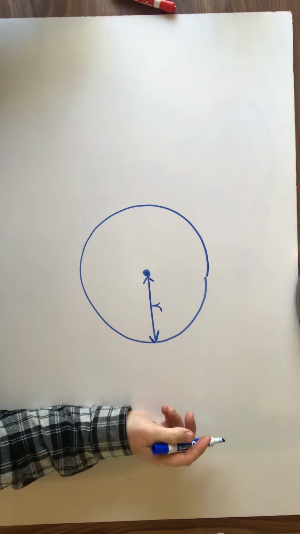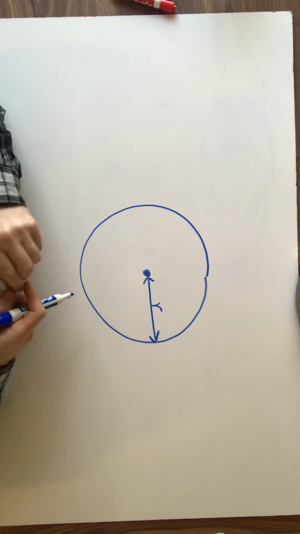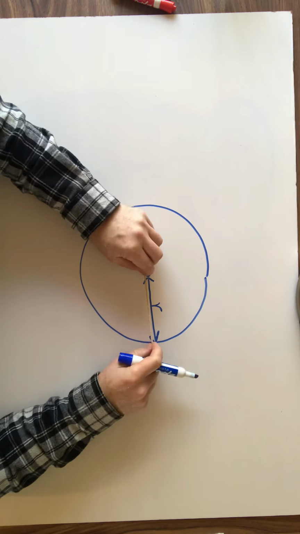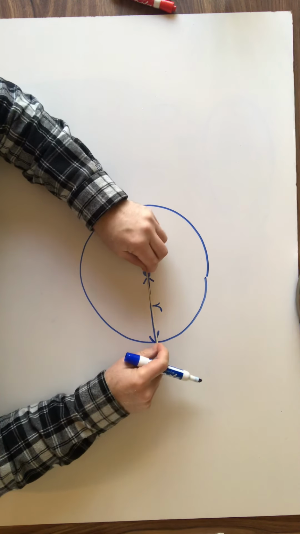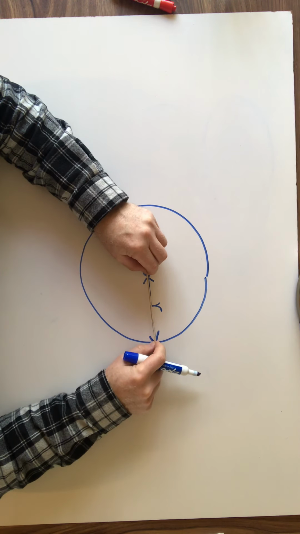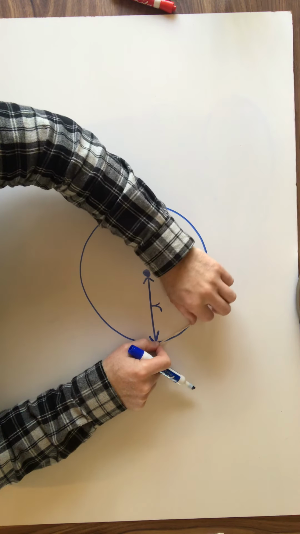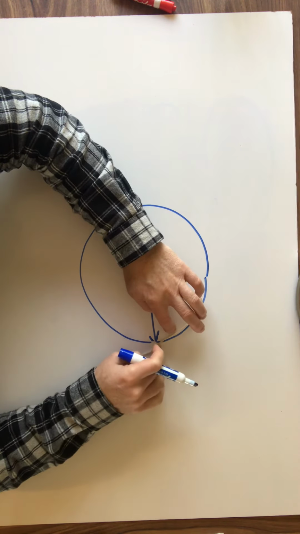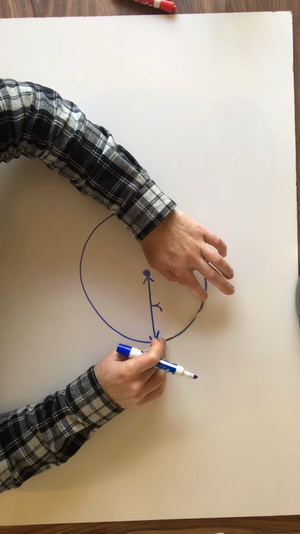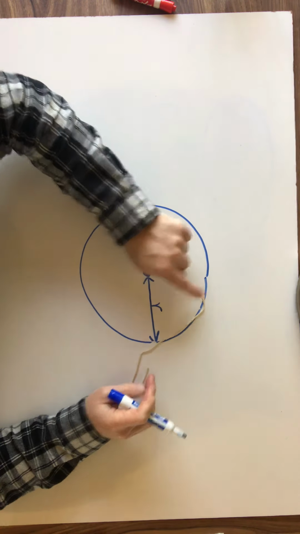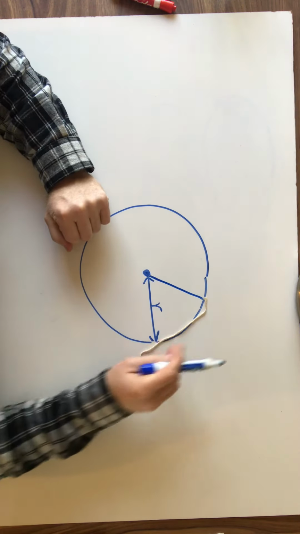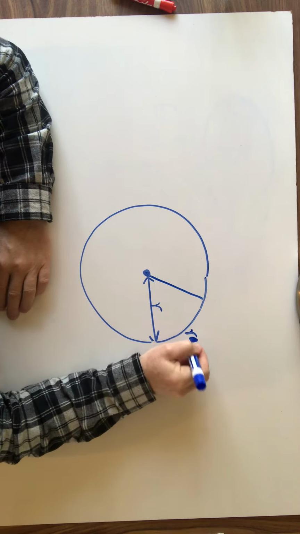Now, a radian is very simple. All it is, is the length, so I'm using this piece of string, the length from the center of the circle to the edge of the circle. If I take that piece of string and lay it along the arc of the circle, like that, the length of the radius along the arc of the circle, that's what a radian is.